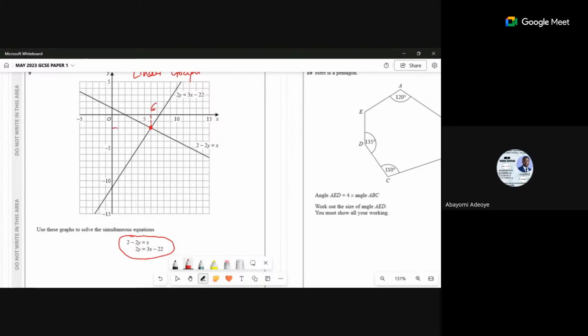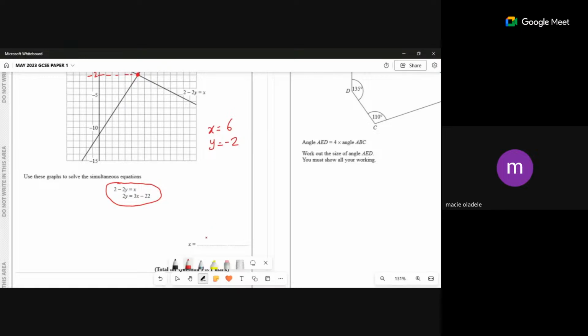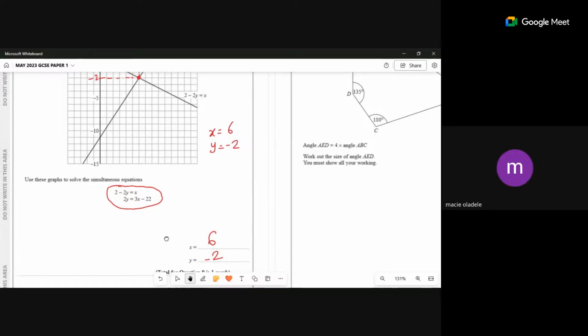Then you trace it over here. What's the value of y here? This is -1. Oh, this is -2. So x equals 6, y equals -2. Is that clear? So when you see a question like that, that is how you solve it.